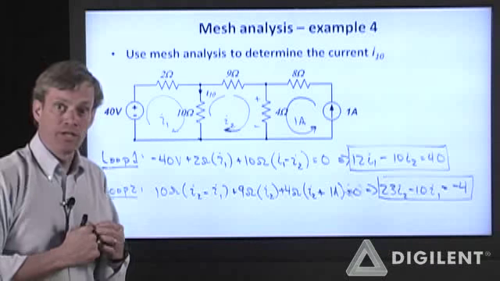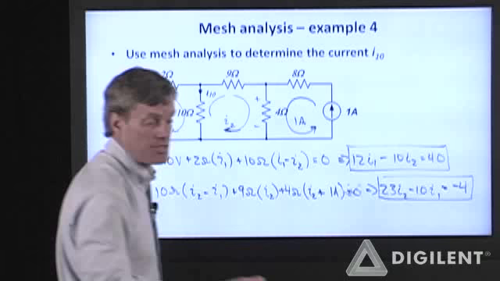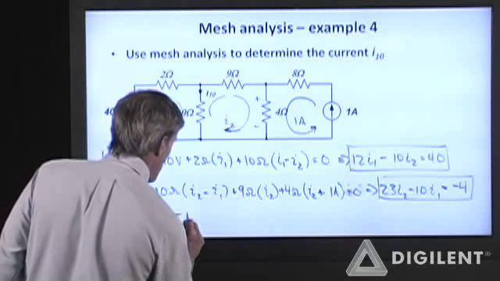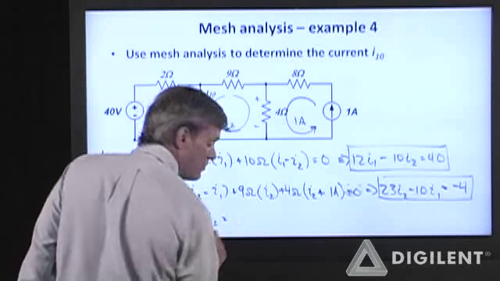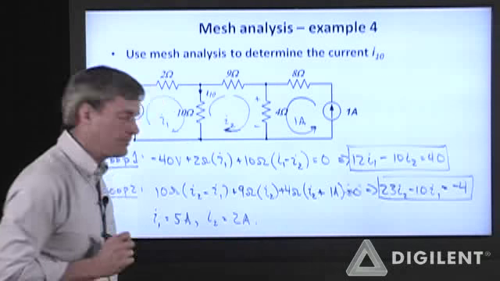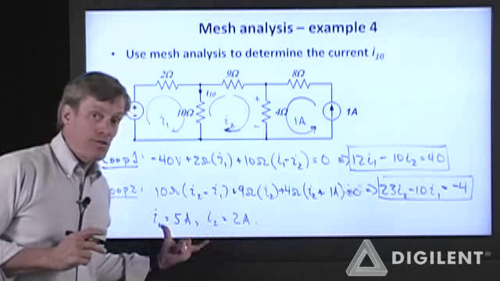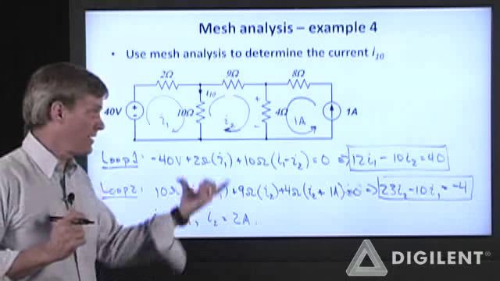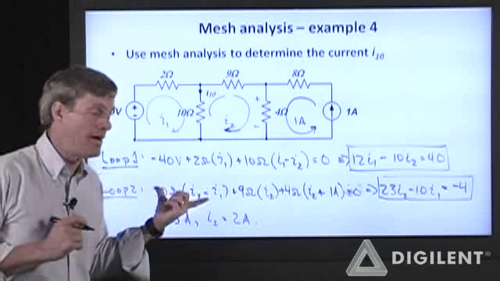Those are my two equations and two unknowns. If I solve those, I get I1 is equal to 5 amps. I2 is equal to 2 amps. Keep in mind that those are not what we want. They don't correspond to anything that helps me really find out anything physical about this circuit.